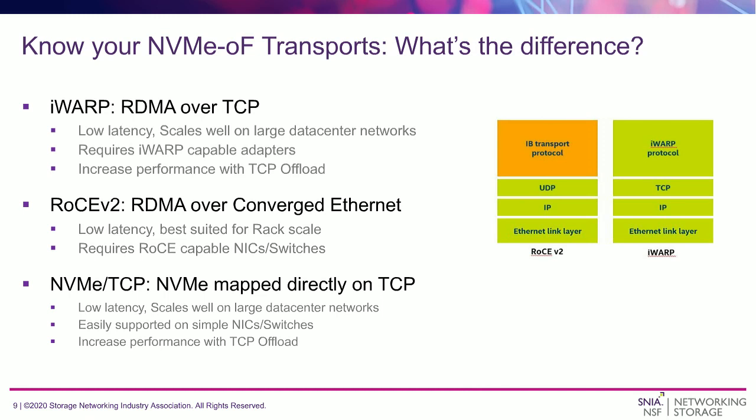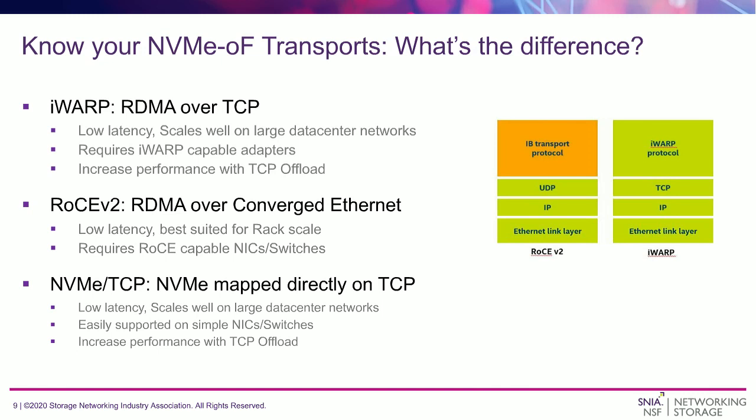RoCEv2 also requires RoCE capable NICs and switches. They have to be able to decode the RoCE portion of the packets that are going back and forth. And we've got a little diagram there on the right that tries to explain that a little bit. You see that there's this InfiniBand transport, the RDMA access, or the RDMA verbs, if you will, the protocol there on top of the RoCEv2 stack.